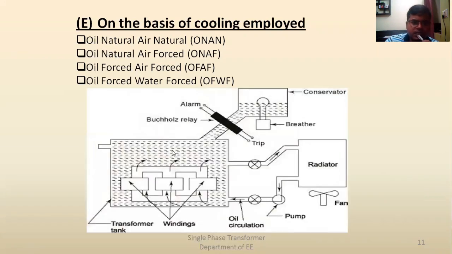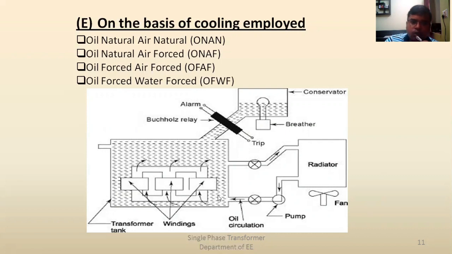See here in this picture, you can find this is the oil used, right? This oil will naturally get heated up, and since it is hot, it will go upside. It will flow through these radiators, come down this arrow, you can see that, and again in the radiator it will cool with the help of natural air. And again it will go back to the tank.